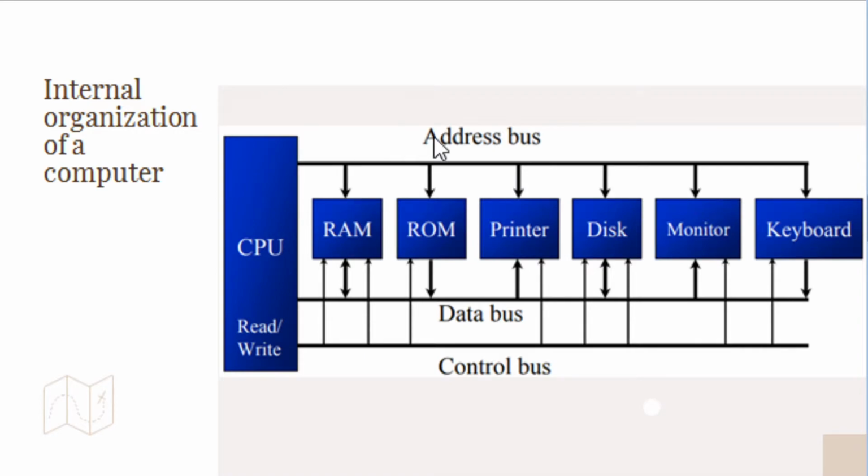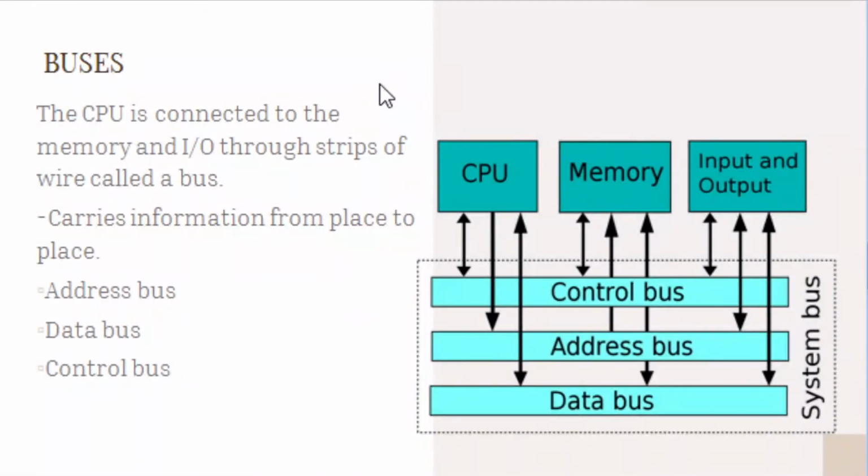The CPU is connected to the different devices with the help of wires. These wires are called buses. And these units other than the CPU are generally called peripherals. Buses are sets of wires that carry information from place to place.